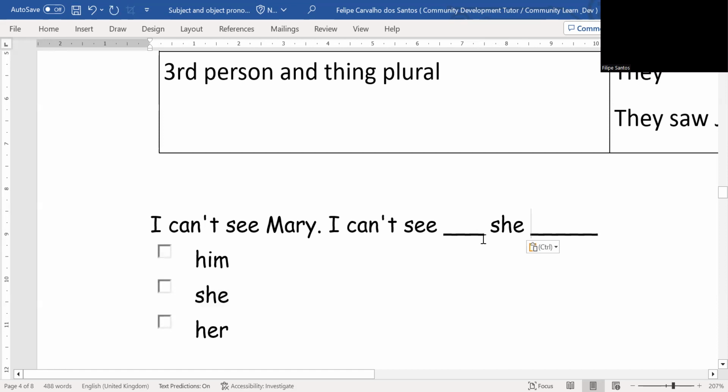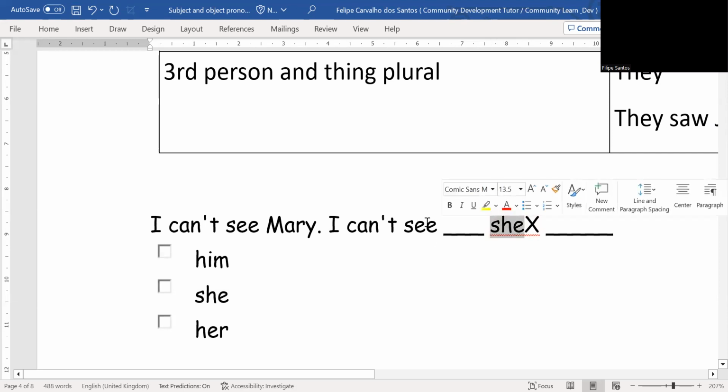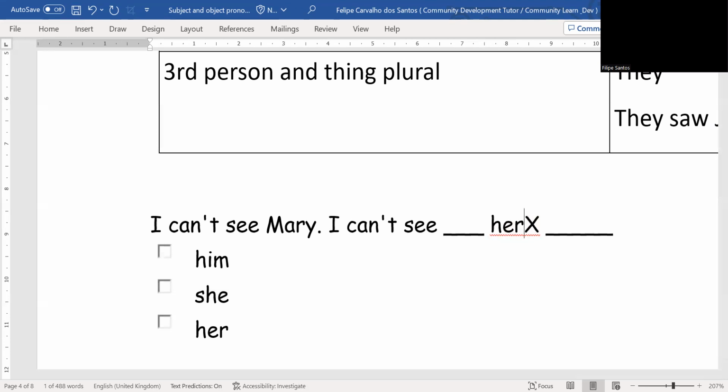No, we can't write that. Why? Because she is subject and not object. After the verb, we have object, not subject. So I can see her.